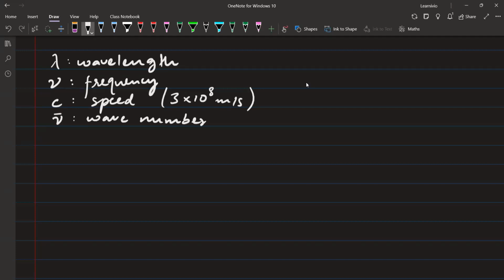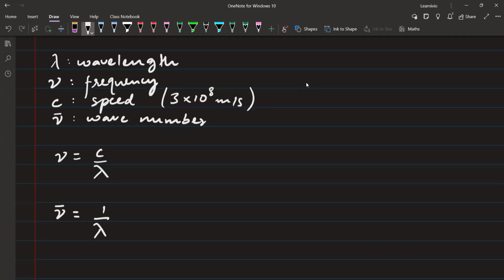Now a few relationships you can see from here. First, nu is equal to C upon lambda. That is the most important one: frequency is equal to speed of light divided by lambda, that is wavelength. After that, wave number is equal to 1 upon lambda.